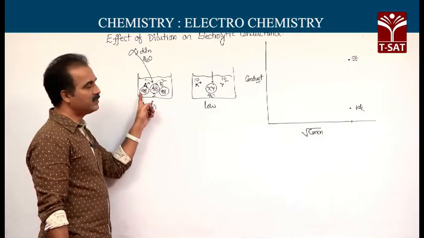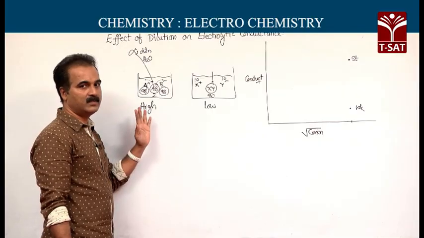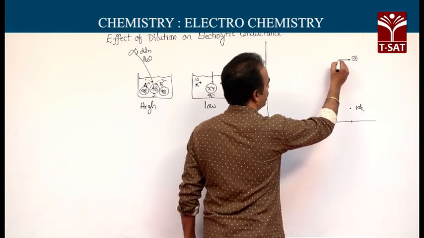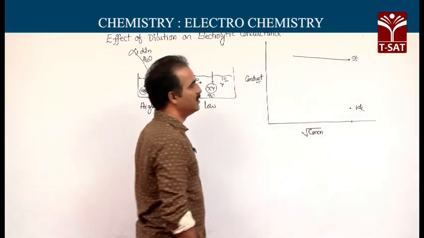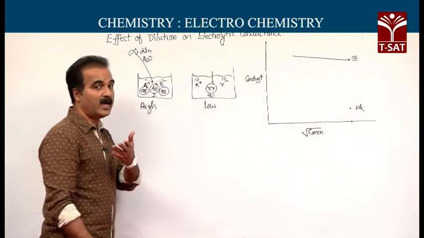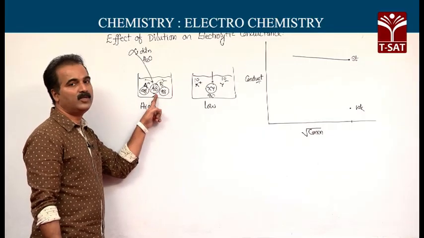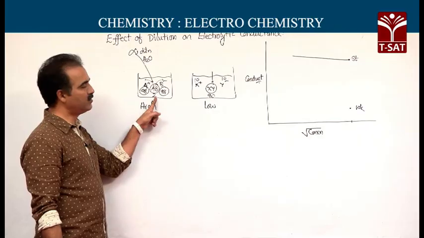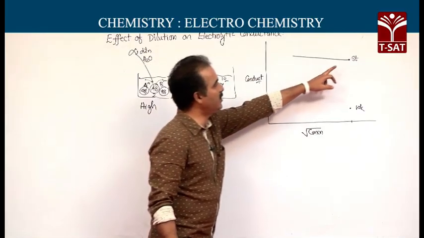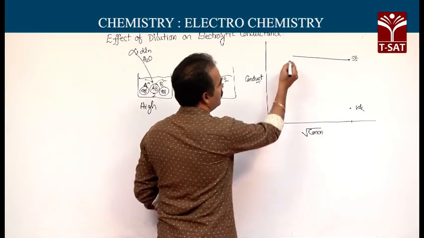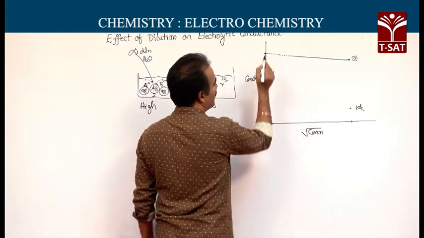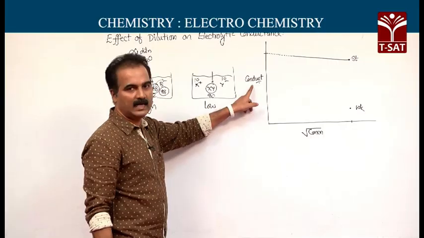So, the conductance of this solution also increases, but not greatly. With dilution, the conductance of a strong electrolyte increases slowly, and the maximum difference you can see is only 2%. This is the maximum increase in conductance you can expect. So, there is a gradual increase in conductance, and if you extrapolate that line, it will intersect the conductance axis at one point.